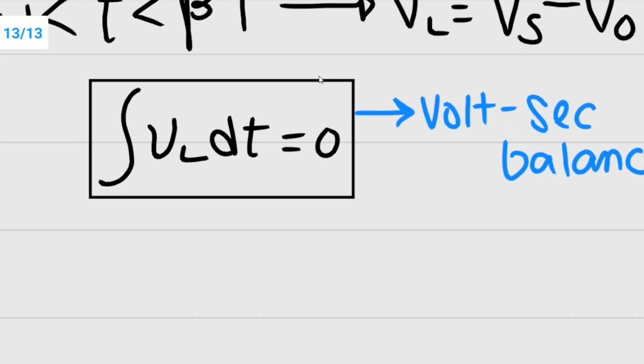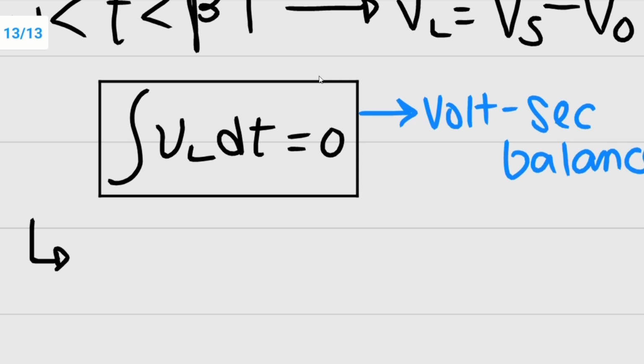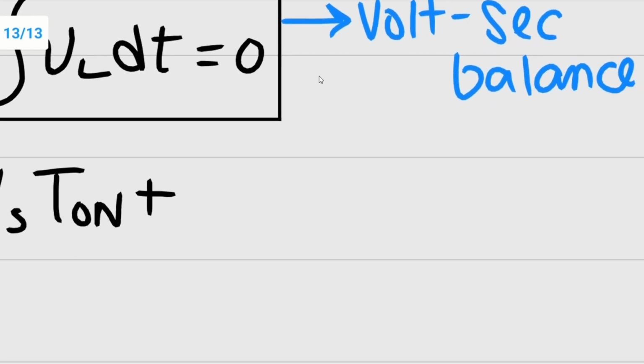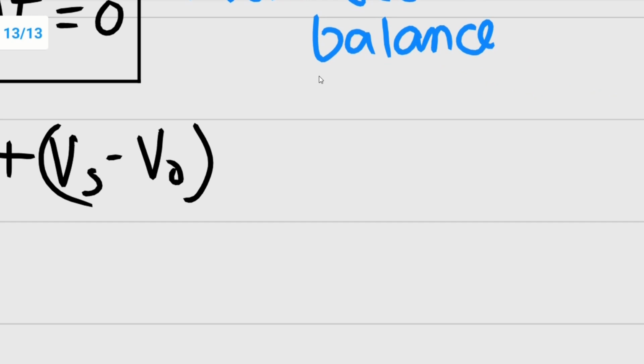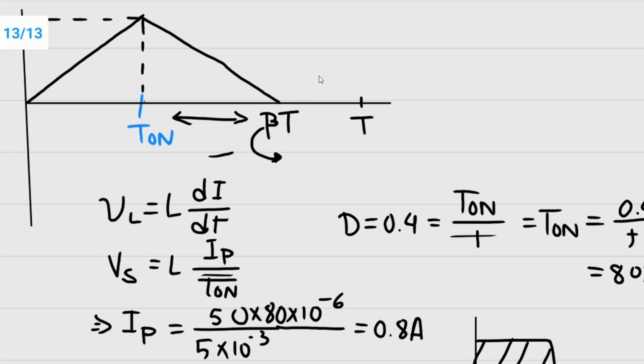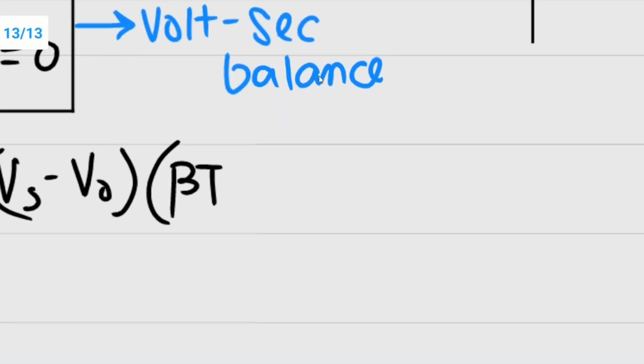Now we can further write that VS into T on, plus during T off the value is VS minus V0 and the time period is beta T minus T on, equal to 0.